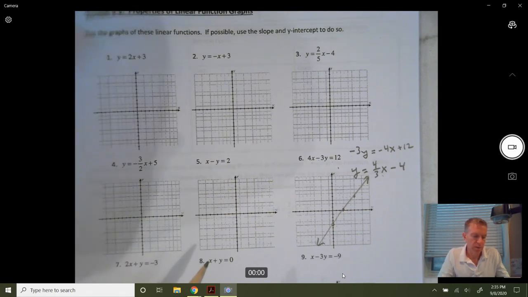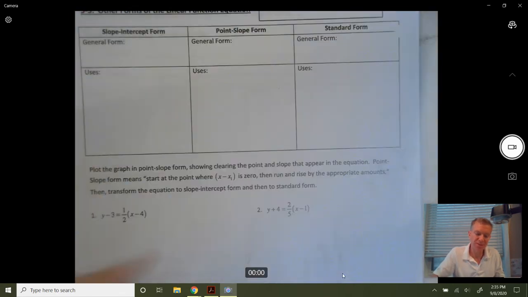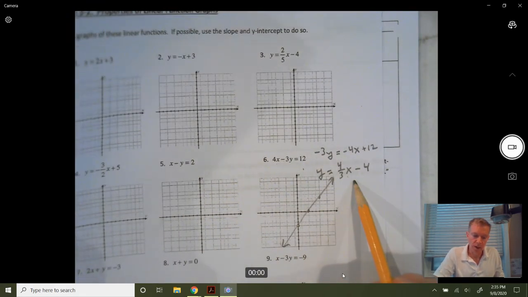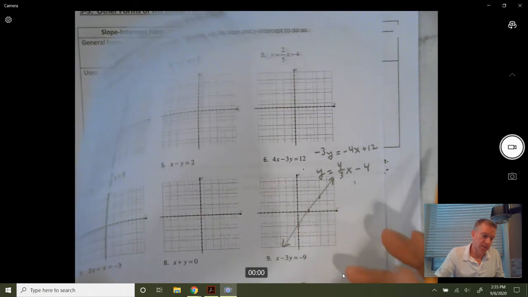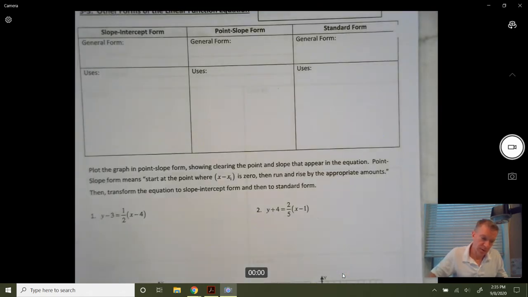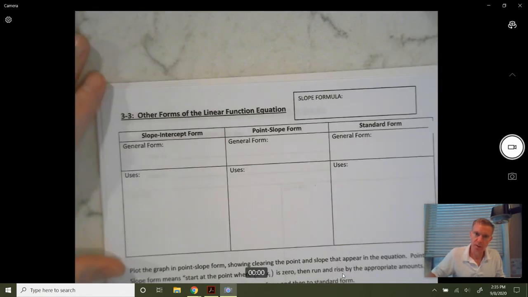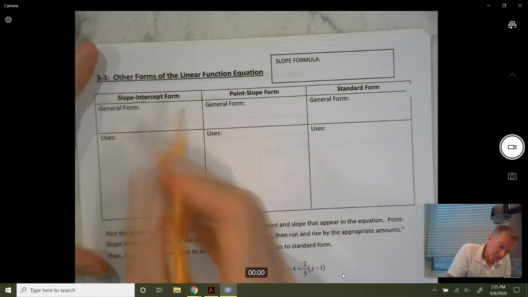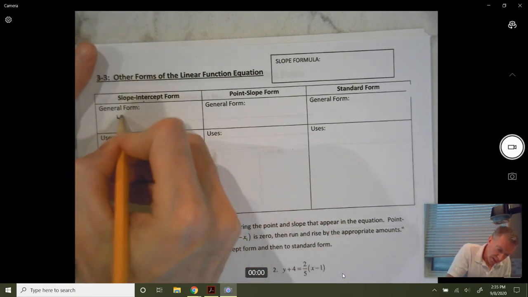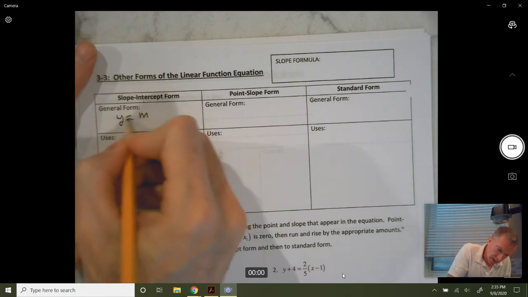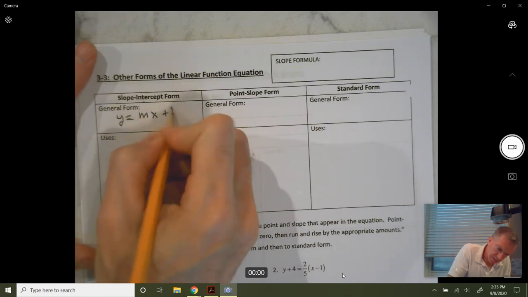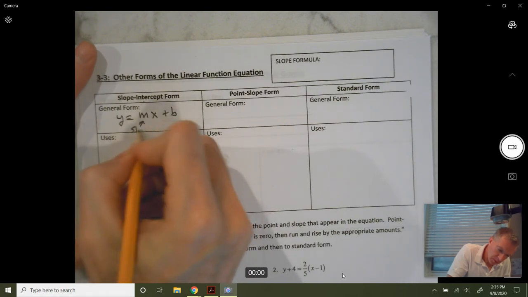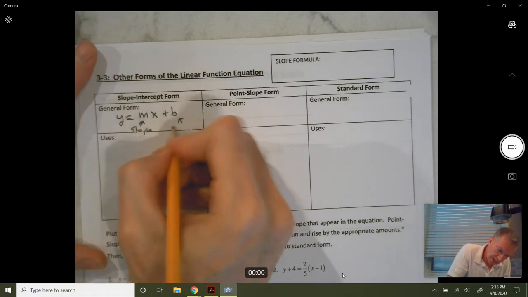Okay. Let's go to the next page, because this is just one of the 3 main forms of a line. The other forms of a linear function: we've got slope-intercept form, which we just talked about. The general formula for that is y equals mx plus b, where m is your slope and b is your y-intercept.